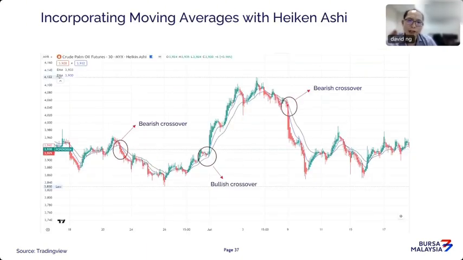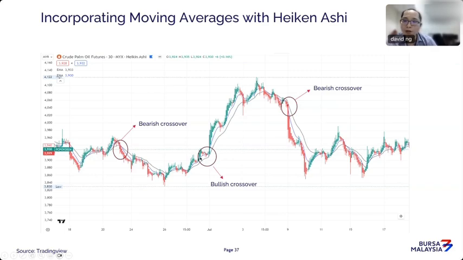So just to show you the dynamics, if you pair it with a moving average crossover, you can get quite a good signal. One of the ways is to pair a short-term and a longer-term exponential moving average. What we have here is all the green bars. When the green bodies are getting wider, that tells you there's strong bullish momentum.